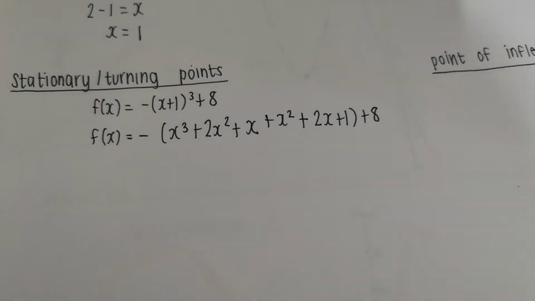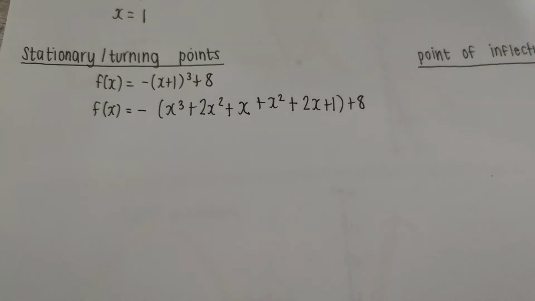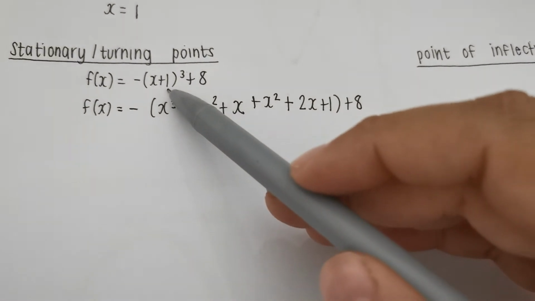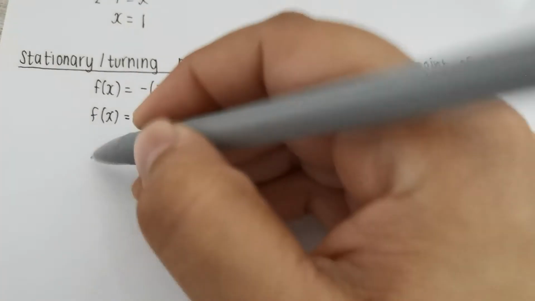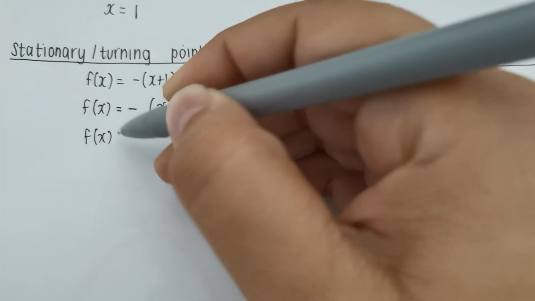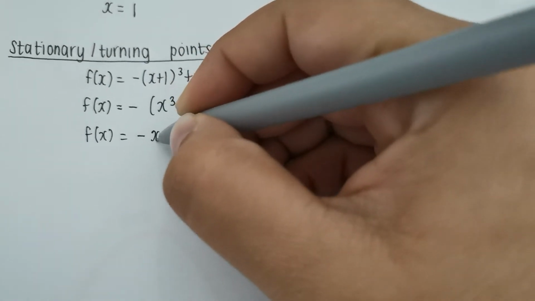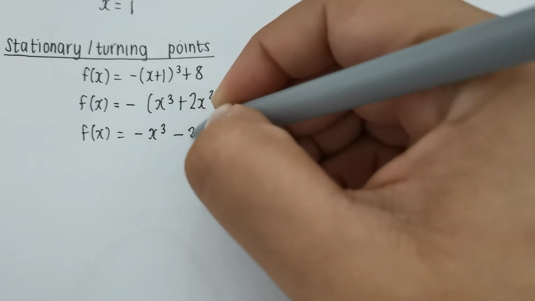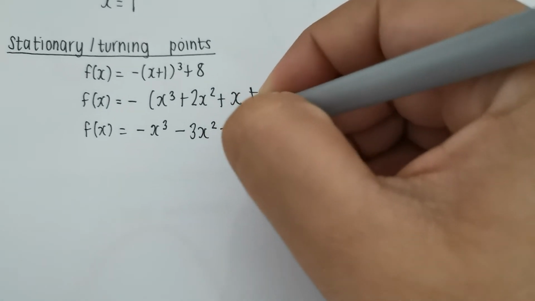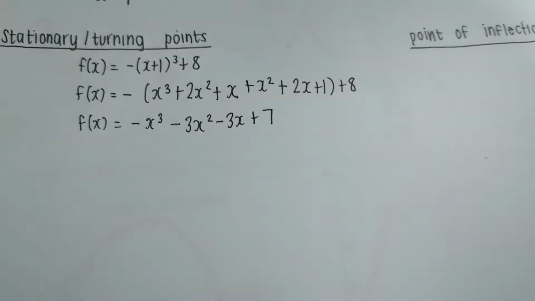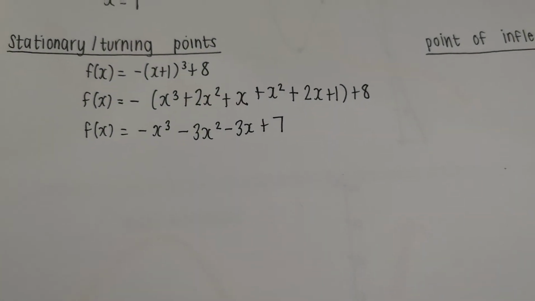I actually worked it out on the side. That's where I'm copying it from. It's basically multiplying this whole thing out. That's what we're doing, okay? That's what the equation would look like, okay?